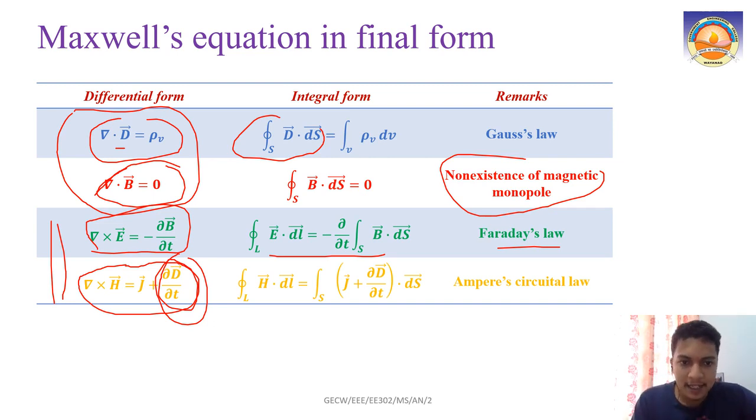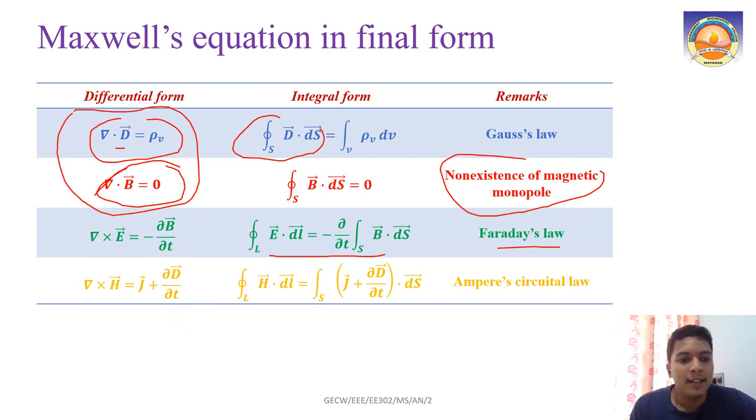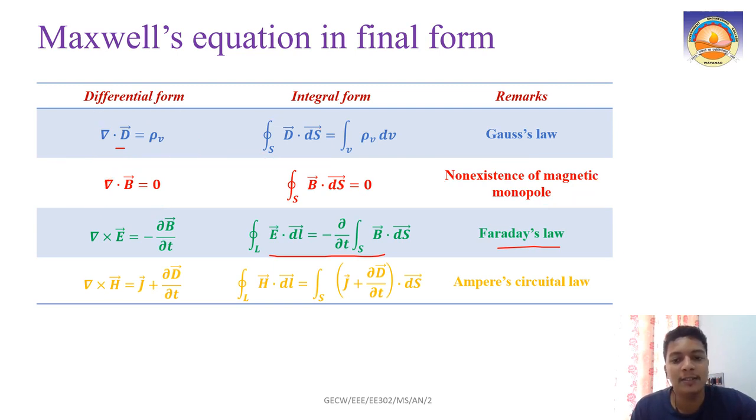Another interesting part with our time varying case is that before, when it was static, as you can see, these first two equations are applicable for static also. Del dot D equal to rho v: the terms are only related to the electric field. D is electric flux density, rho v is the volume charge density.